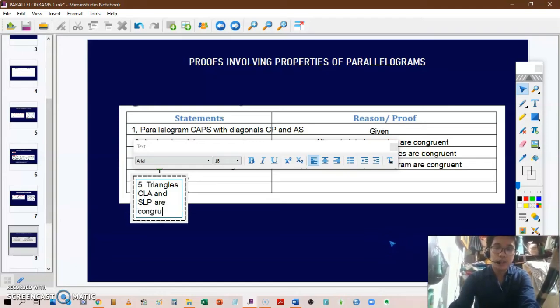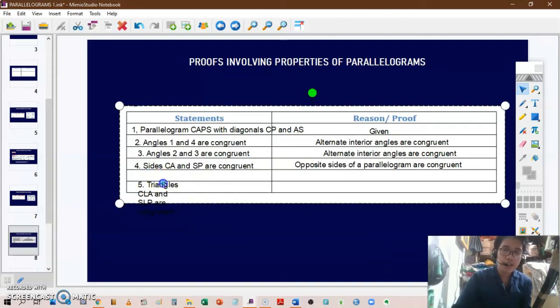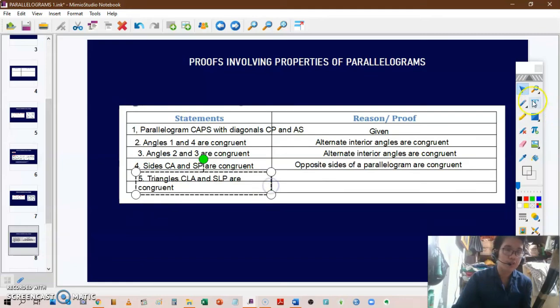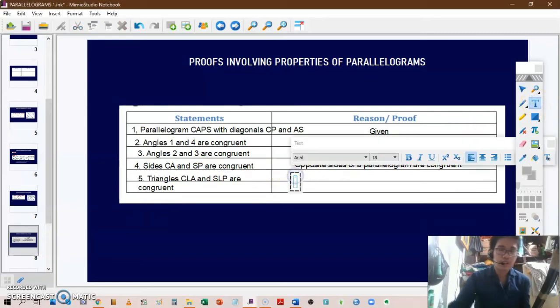How did we say that? Through the ASA triangle congruence postulate. So let's write that down here: ASA triangle congruence postulate. So there you go.